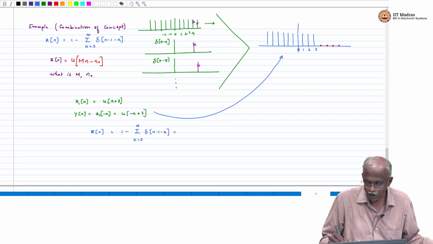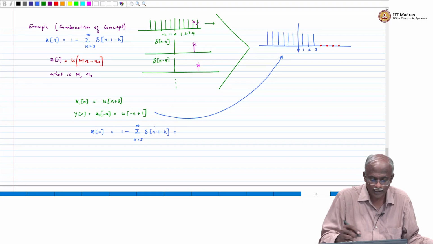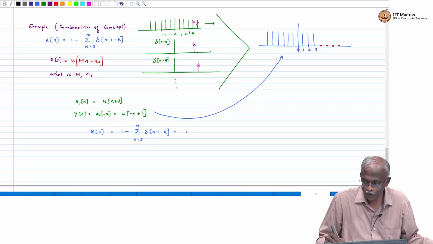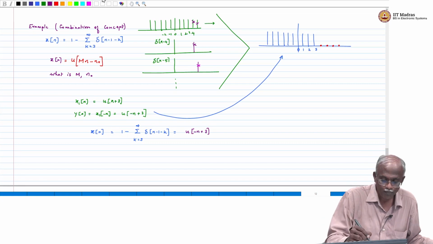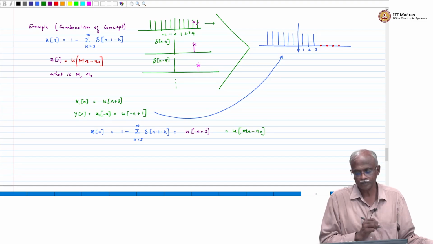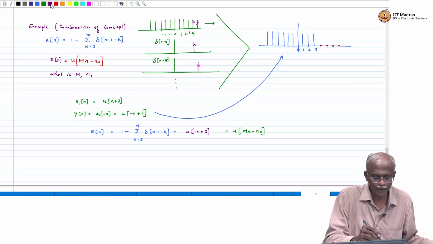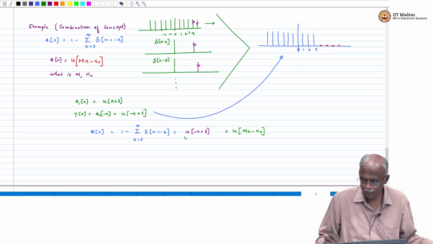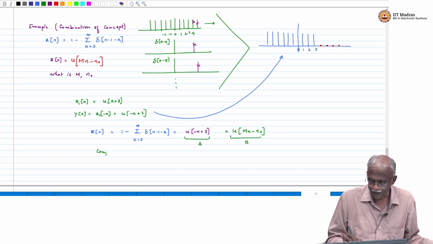We have been able to show that this is equal to u of minus n plus 3, but we have been asked to write it in the form u of M n minus n naught. Okay, no problem, just compare these two. Okay, compare, this is A, this is B. Comparing the arguments of A and B.